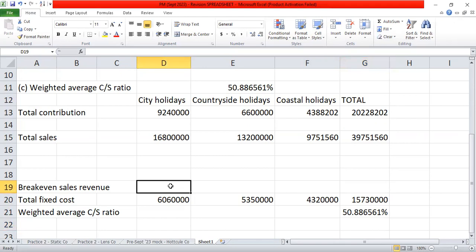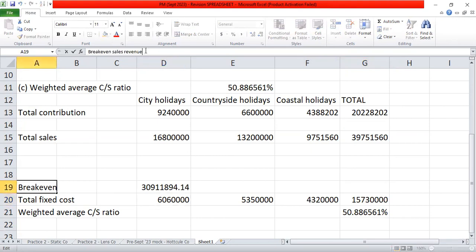So break-even sales revenue is going to be total fixed costs divided by the weighted average CS ratio. Friends, you are done. This is the break-even sales revenue in dollars. For CC to break even, they've got to make this money.